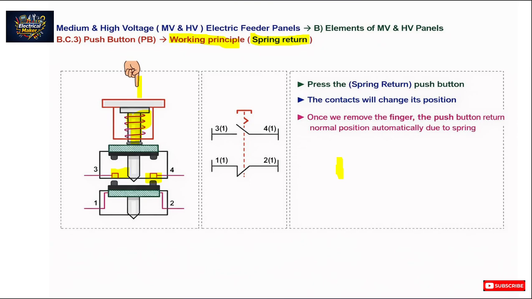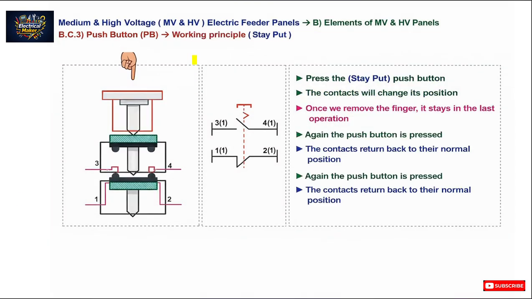Now we are going to study the working principle of stay put. Here we can see an internal view of a stay put push button and the terminal circuit of a stay put push button. Here we can see some more points about stay put. Press the stay put push button. You can see a hand is shown here.